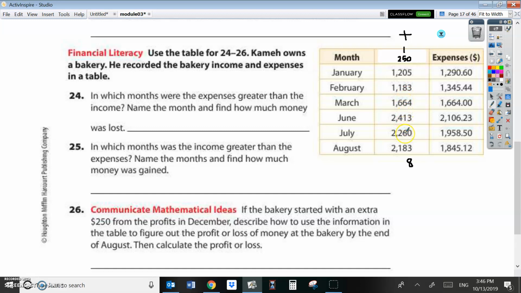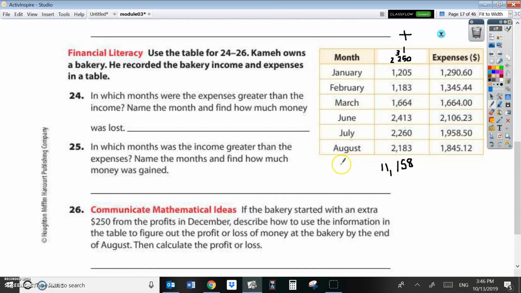21, 27, 35, 3 here. 3 plus 2 is 5, 7, 8, 14, 18, 21, and a 2 here. 3, 4, 5, 7, 9, 11.